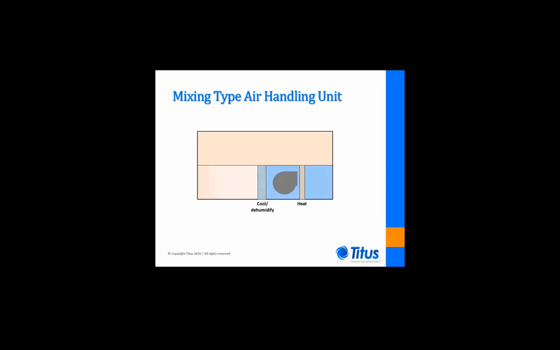This slide illustrates a common configuration of an air handler used with a displacement system. Outside air and return air enter the air handling unit. Some of the return air is mixed with the outside air to make up the supply air volume to the space. This mixture then passes through the cooling and dehumidifying coil and is cooled to saturation to obtain the required supply air humidity ratio.